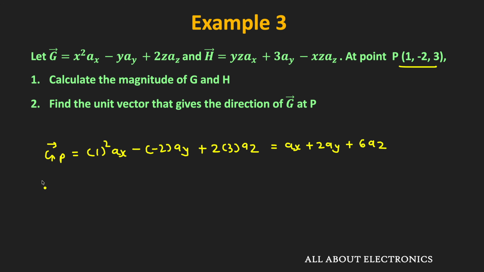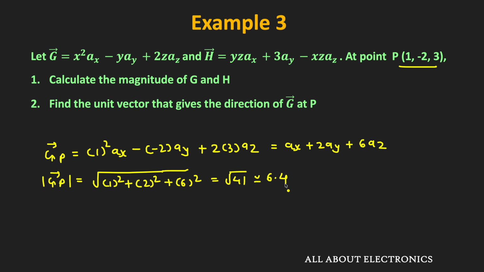So for this vector, if we see its magnitude, then that is equal to square root of 1 whole square plus 2 whole square plus 6 whole square. And that is equal to square root of 41. That is roughly equal to 6.4.